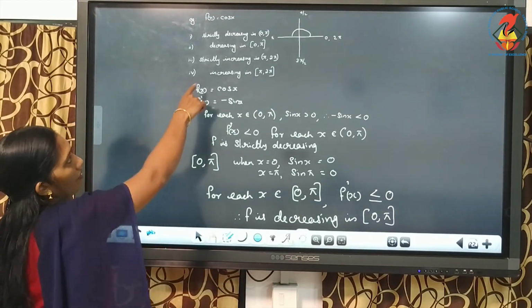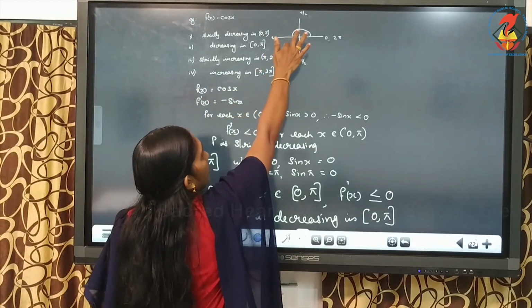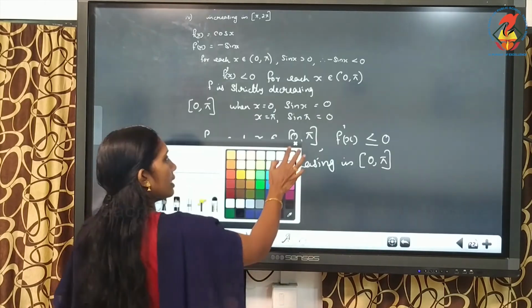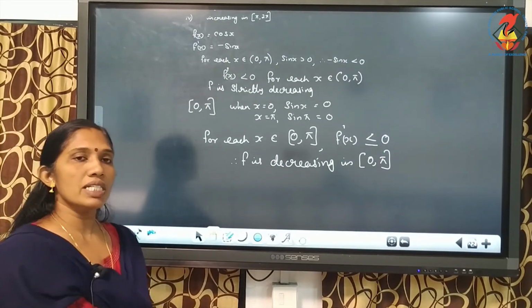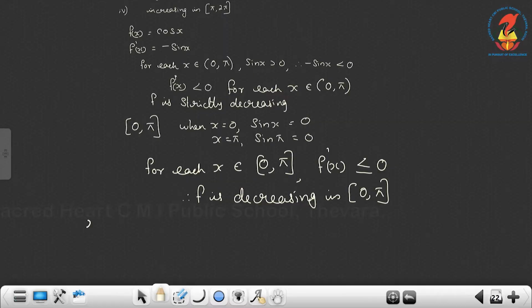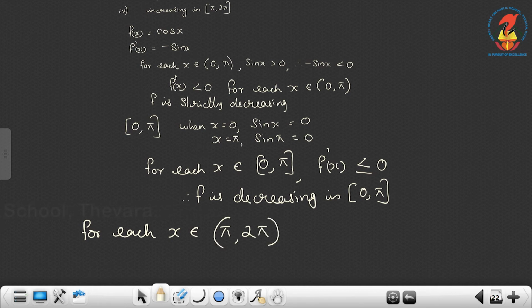Then the same way we can do this. Pi to 2 pi means third and fourth quadrant. In the third and fourth quadrant sin function is negative. So, for each x belongs to pi to 2 pi, when I take open interval, f dash x is minus sin x. In the third and fourth quadrant, sin function is negative.